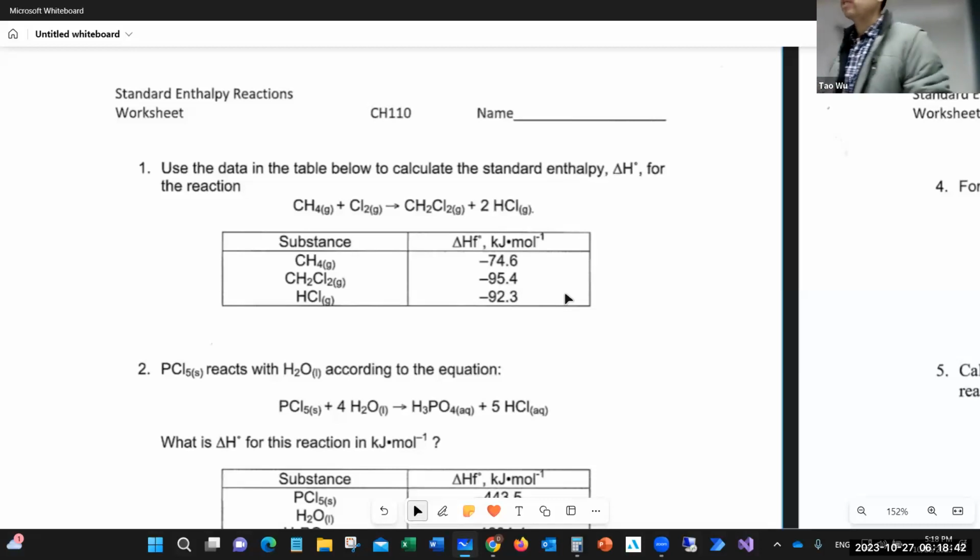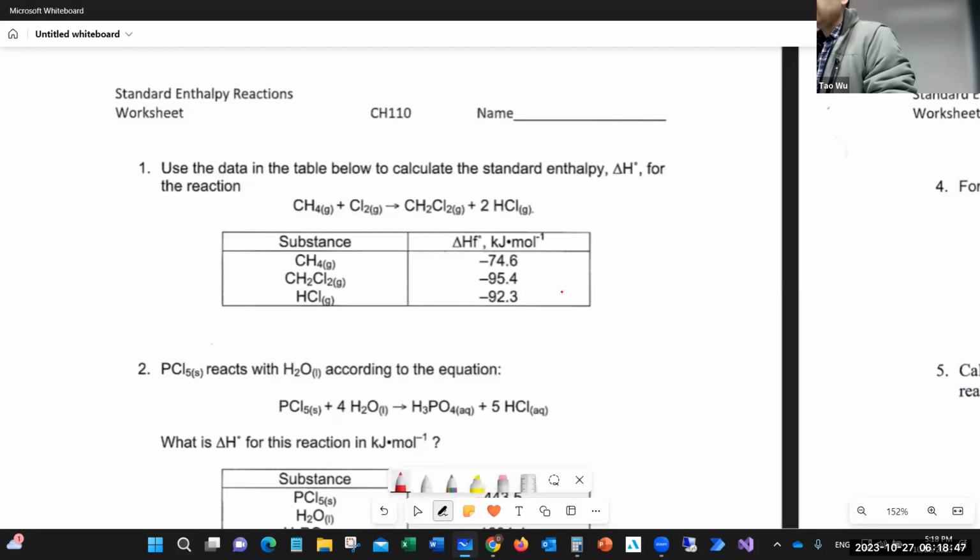For example, we try to figure out the enthalpy of these reactions. We have 1 mole of methane react with 1 mole of chlorine, and we're going to form CH2Cl2 and 2 moles of HCl. What is the enthalpy of this reaction?